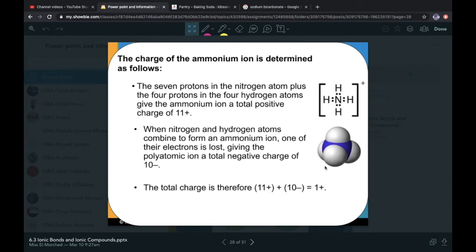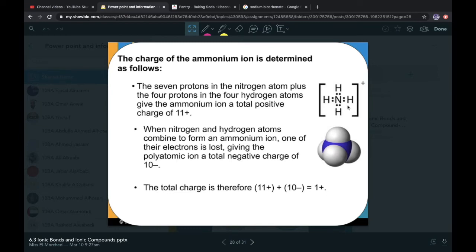The reason this happens is because if you count up the atomic numbers, the atomic number of nitrogen is 7, while the atomic number of each hydrogen is 1, so overall you have positive charges of 11 inside of ammonium.